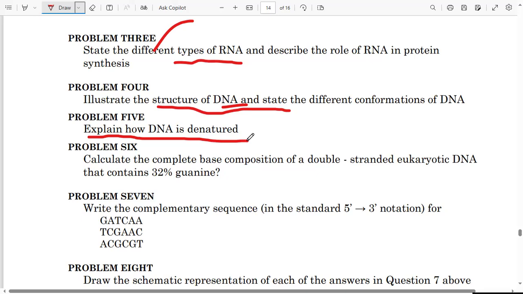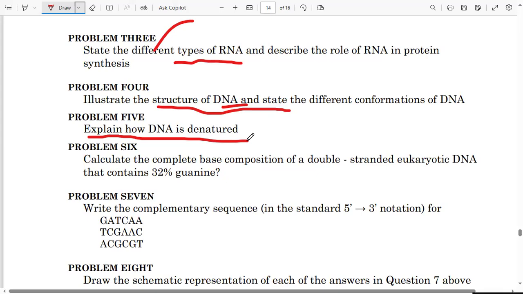So instead of forming a double-stranded structure, it will unwind. So that's denaturing. It can no longer be together. Why? Because of the following causes.